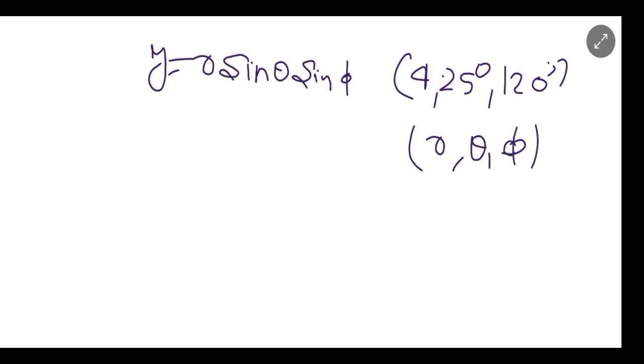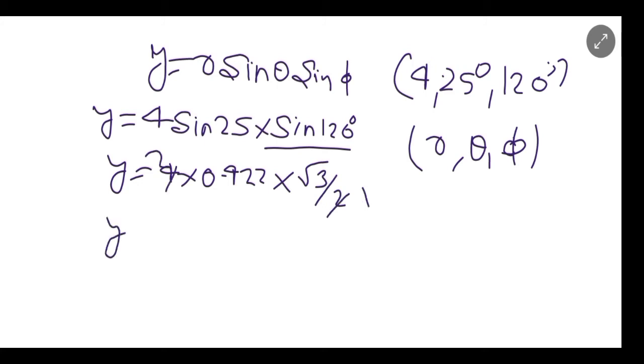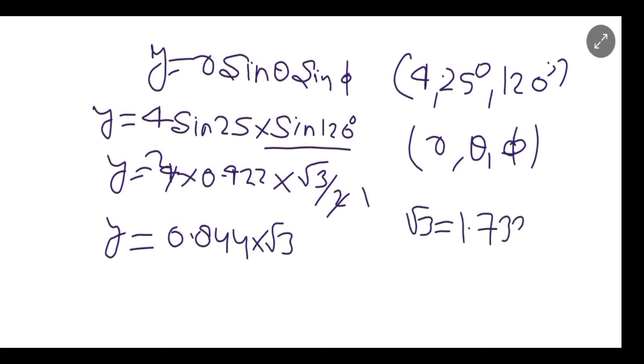Now we put the value of r as 4, and sin 25 into sin 120. Now the value of sin 25 is 0.422, and the value of sin 120 is root 3 by 2. Now 2 1s are 2, 2 2s are 4. After we multiply we get 0.844 into root 3, and we know the value of root 3 is 1.732.